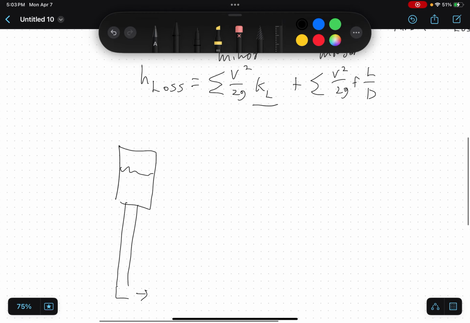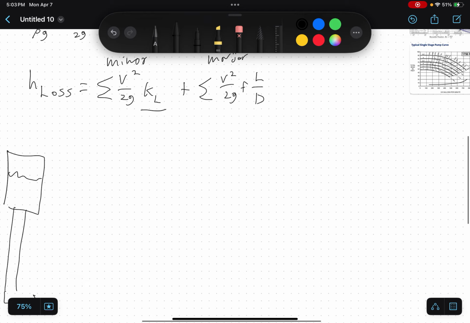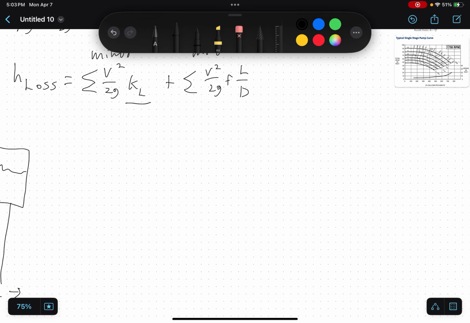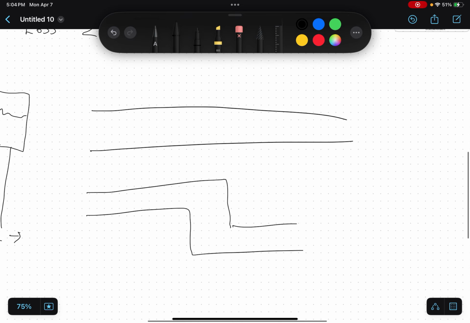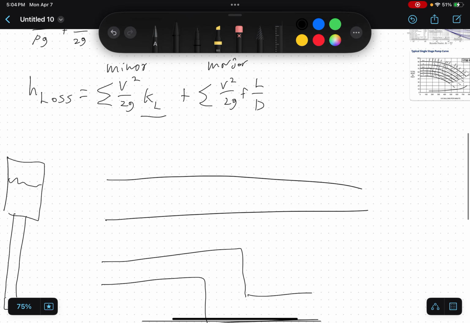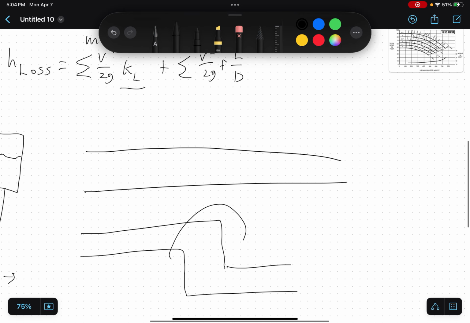Okay. Just as a quick example, let's say you have a straight pipe, and then let's say you have a pipe that turns 2 times. Which one's going to have a higher minor loss? Well, it turns out the second one, because you have a bend there and you have a bend here.